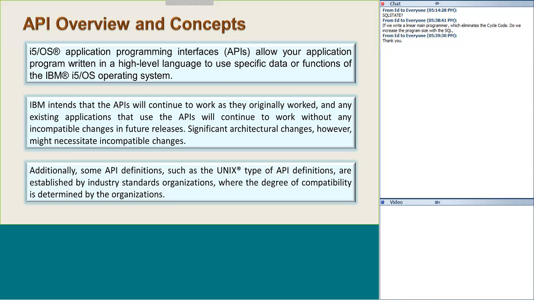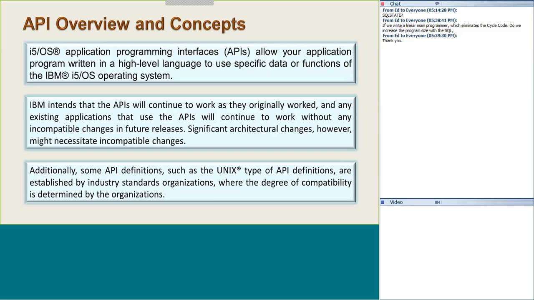APIs that are available for use within the RPG ILE environment because ILE stands for Integrated Language Environment. And therefore, the IBM i supports APIs written in other languages, such as Unix, C, and all the rest of it.